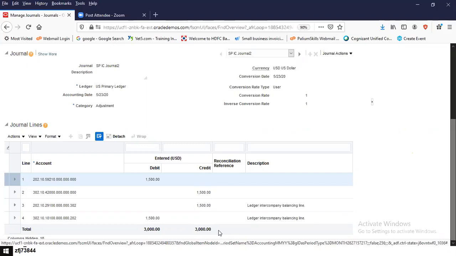So it is ensuring that your entry is getting balanced. And where does it get this account from?